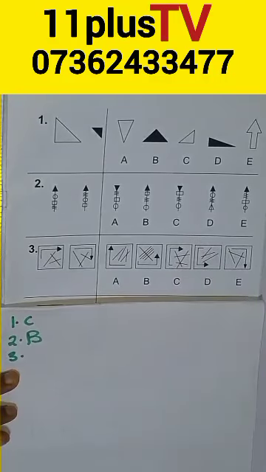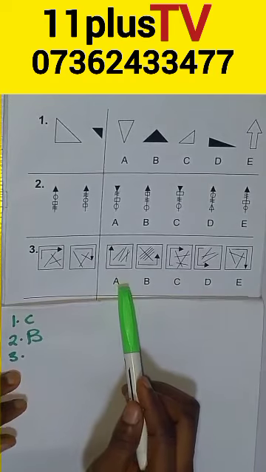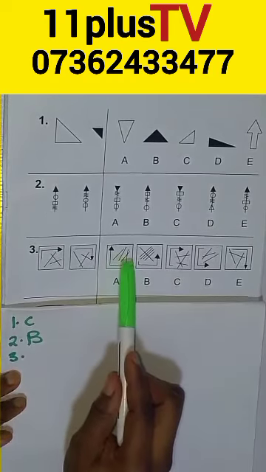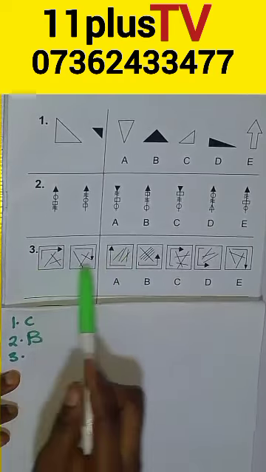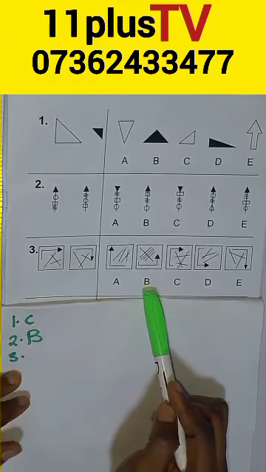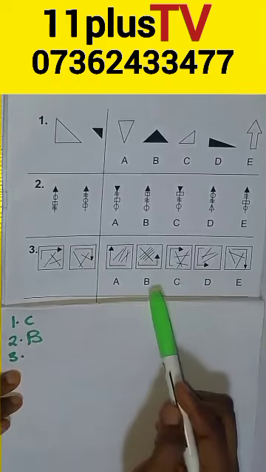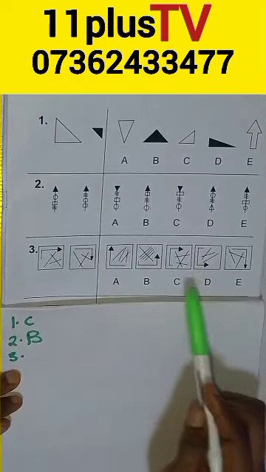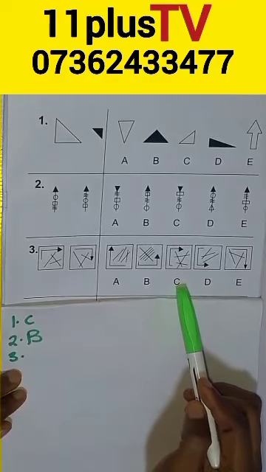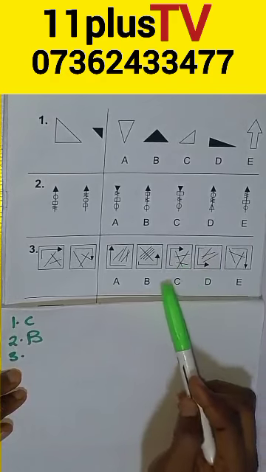Now let's look for the answer using the elimination method. A is incorrect because you're already having 4 lines. The two figures have just 3 lines. We eliminate B, which is having 5 lines. We eliminate C because C is also having 4 lines crossing each other.